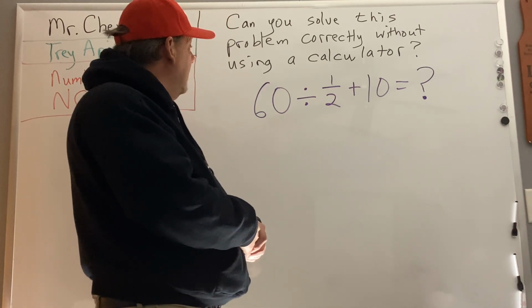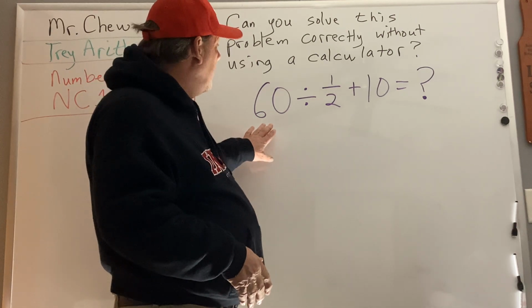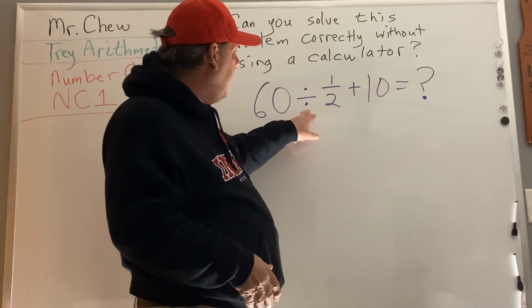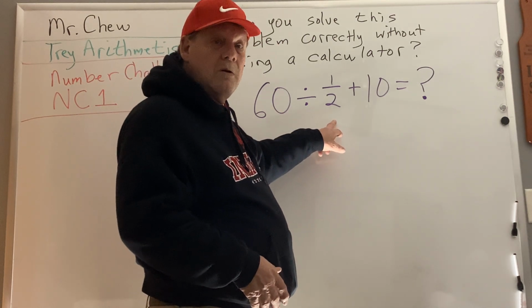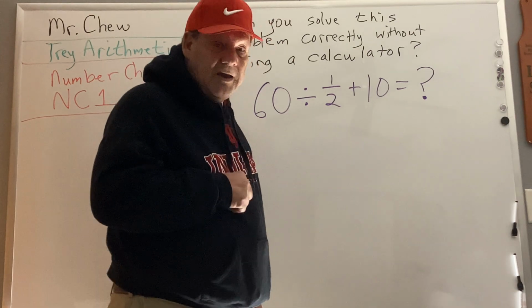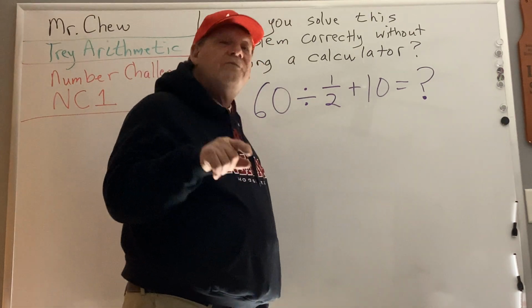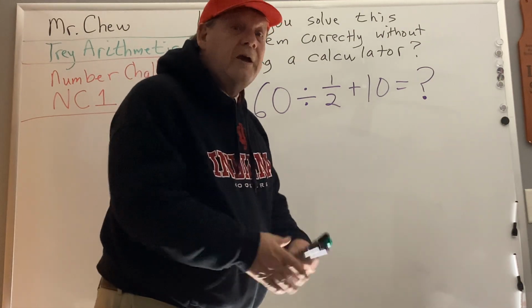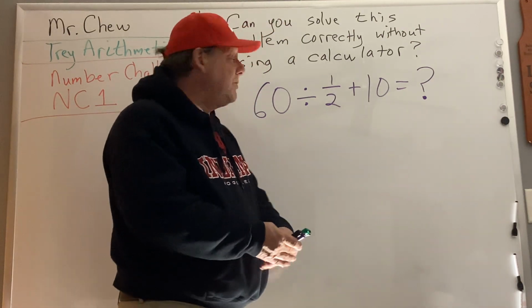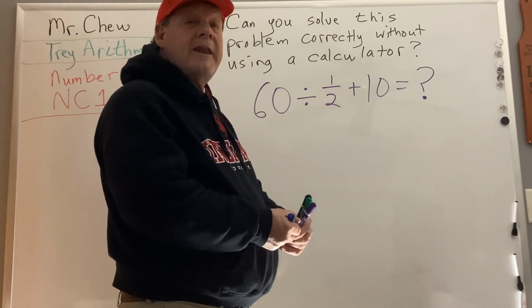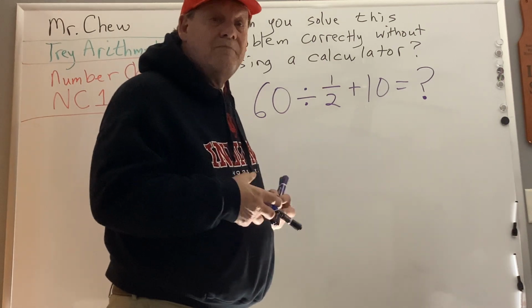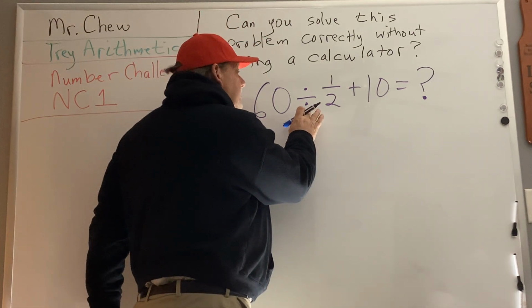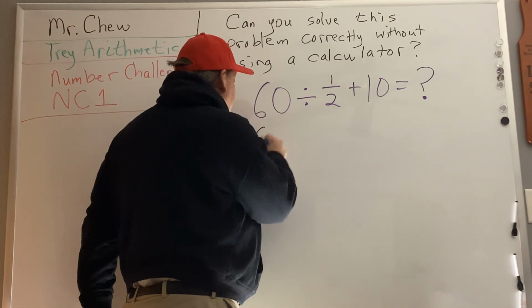So most people who do it wrong will automatically take 60 and divide it by 2. But you're not dividing by 2. You're dividing by 1/2. So when you were learning the arithmetic rules, you were taught that anytime you divide by a fraction, you have to convert the division to multiplication.